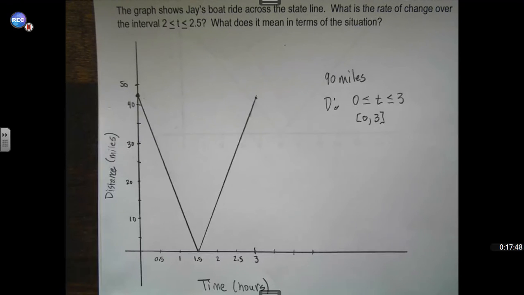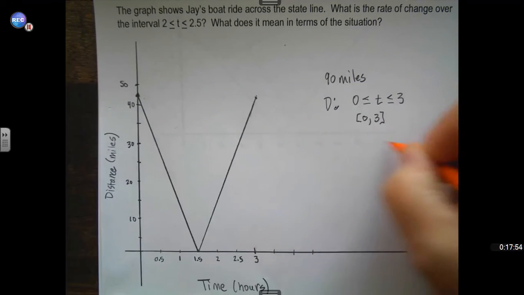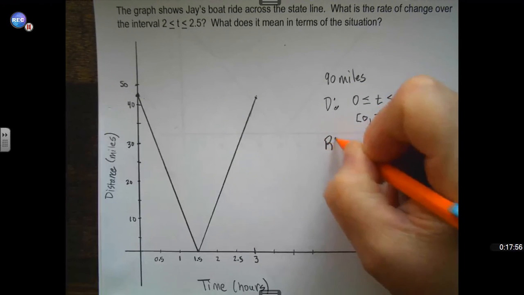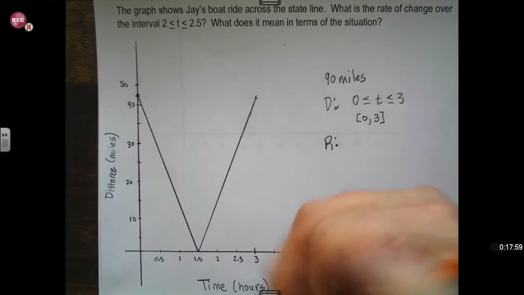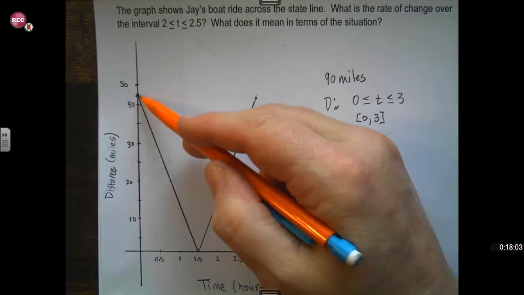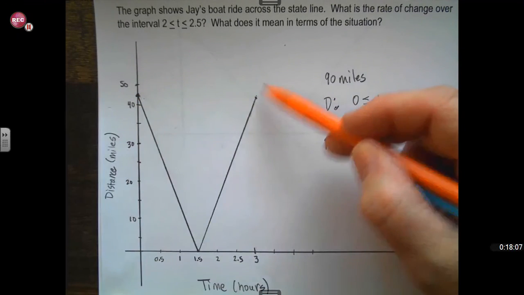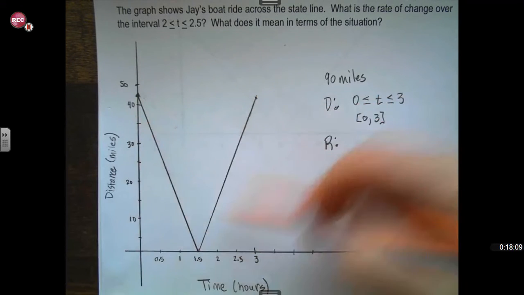The other thing they like to talk about with this is where the graph is. Well, let's do the range first, and then I'll get into that. So the range, again, finite set, ranges from 0 to 45. And again, we don't go beyond 45 because that's what we travel.